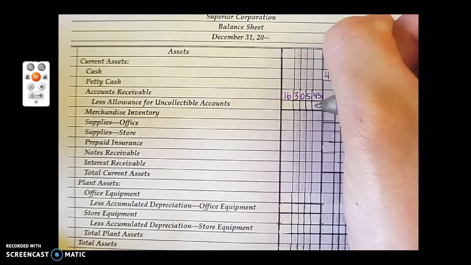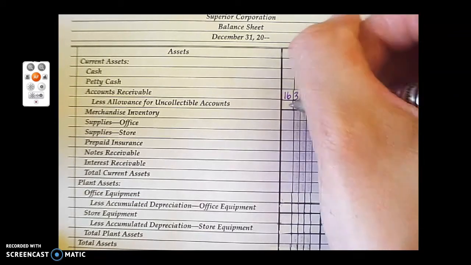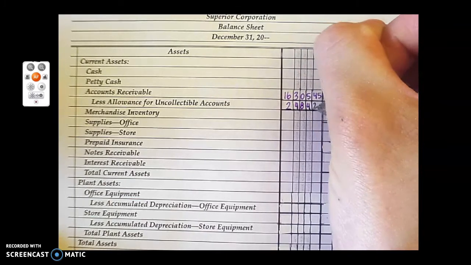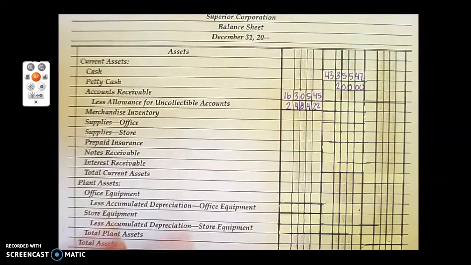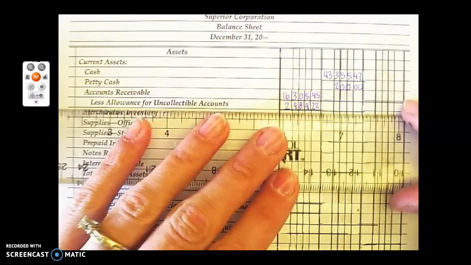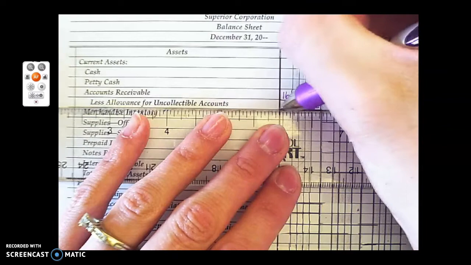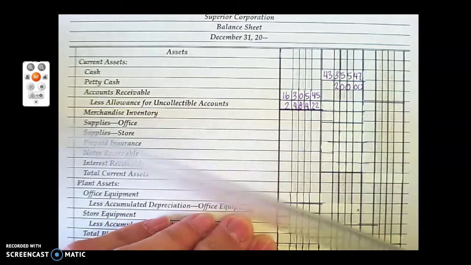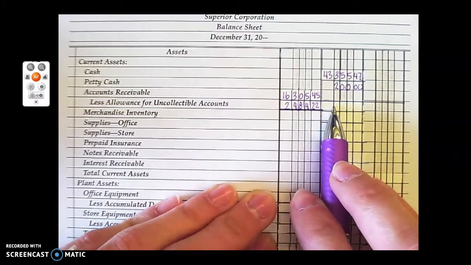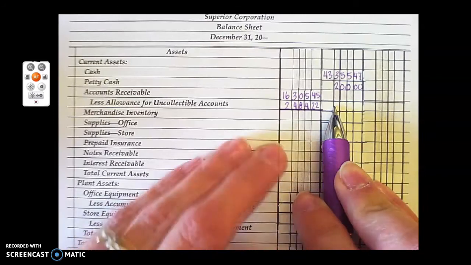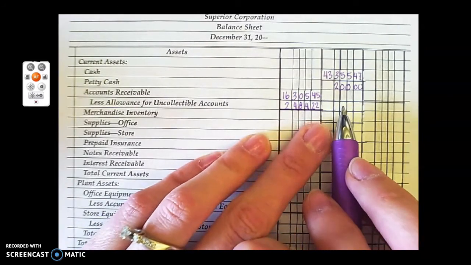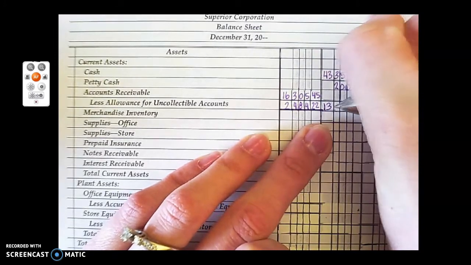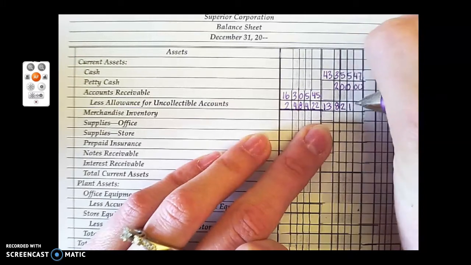And we will subtract from that our allowance for uncollectible accounts, which is $2,484.22. And since we are going to be subtracting, we will draw a single rule. Try and draw it dark so you can see it. And we will put the difference right to the right, just like how we did on our income statement. And that will be our book value of accounts receivable. That's the amount we actually expect to receive. So $13,821.23.